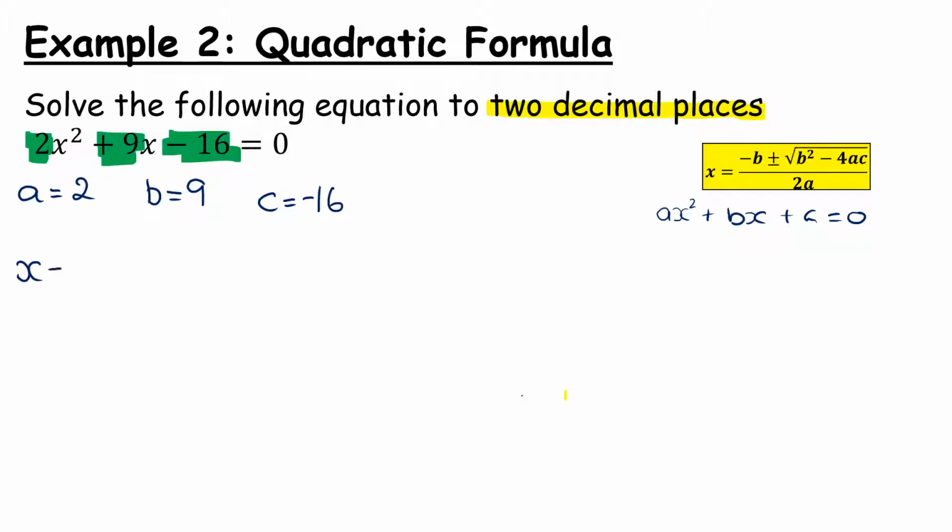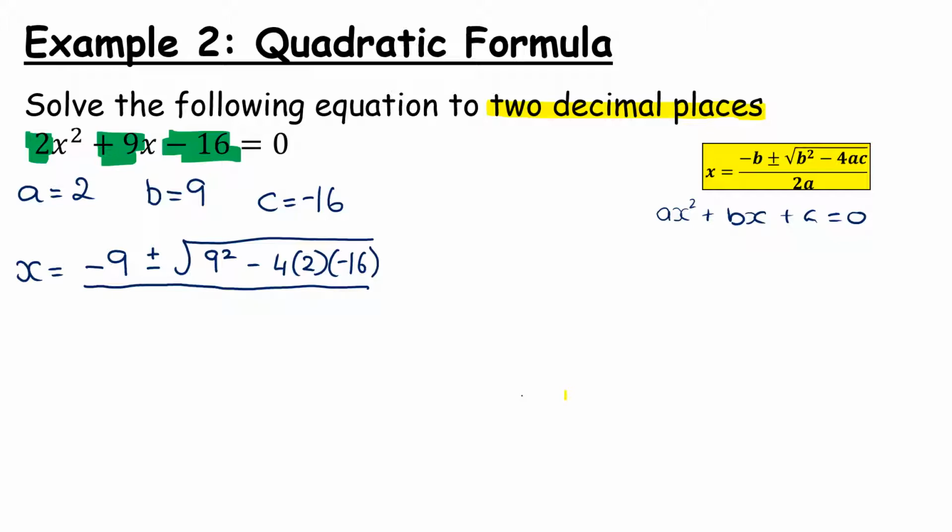So x equals minus 9, so minus b, plus or minus the square root of b squared minus 4 by a by c, and this is all over 2a. Sorry, apologies, it should be all over 2, and a is 2, so we sub in 2. So let's clean that up.